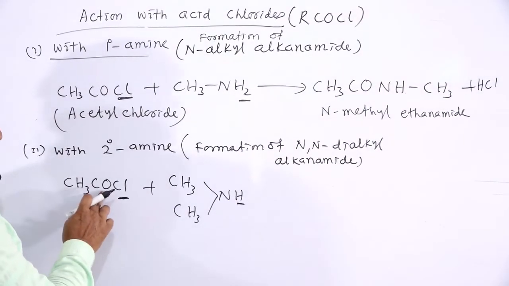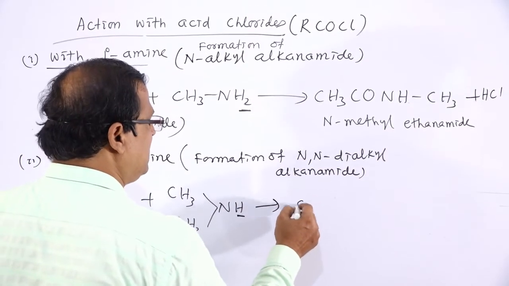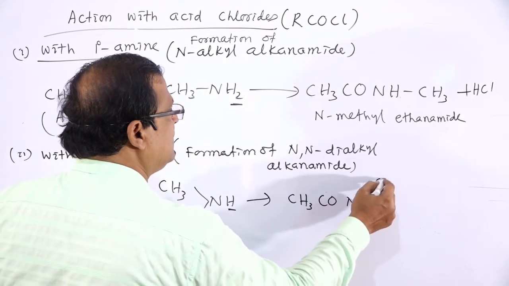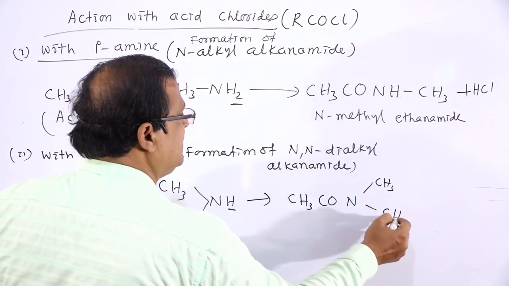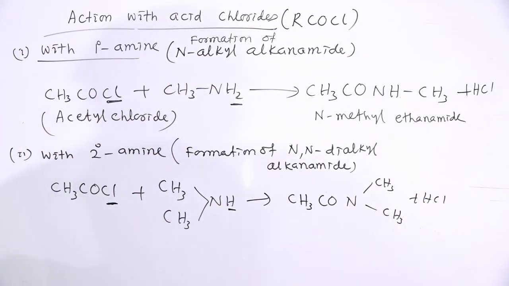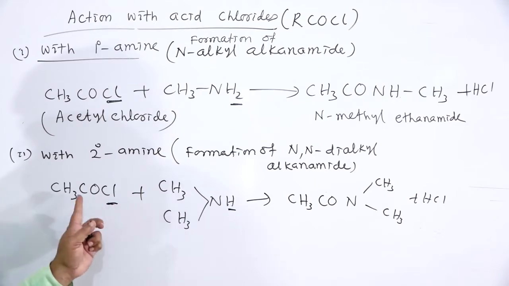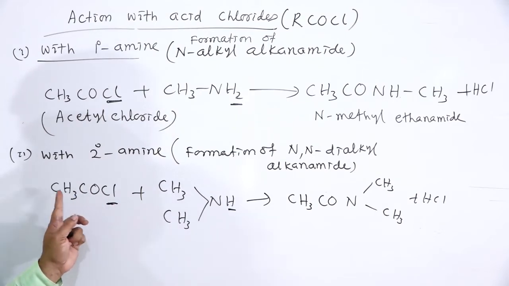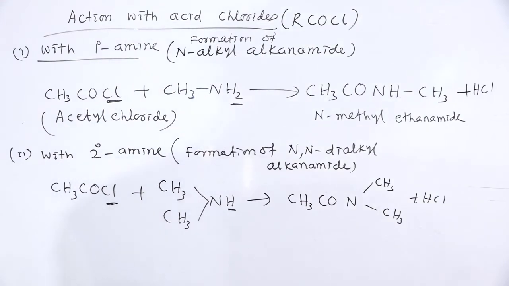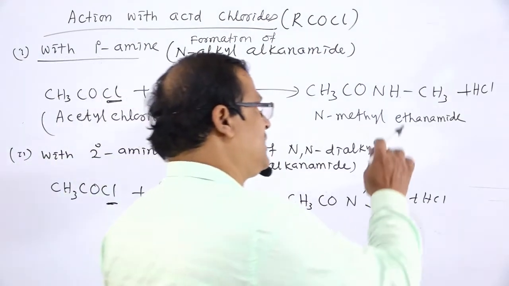The remaining parts are CH3CO and CH3CH3, so the product is CH3CON(CH3)2 plus HCl.